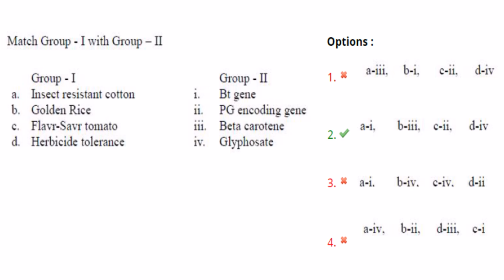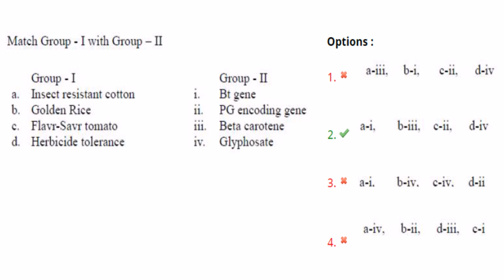This Bt gene produced a protein which was harmful to the insect which attacked cotton. By introducing this Bt gene, you got a cotton which was resistant to the cotton bollworm. That is the insect. So A is 1.